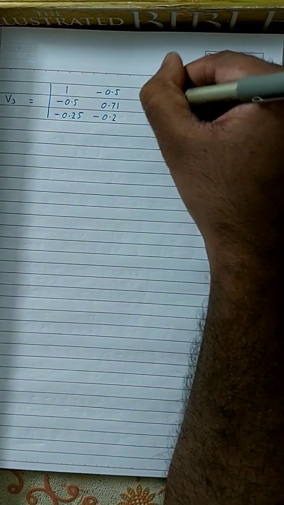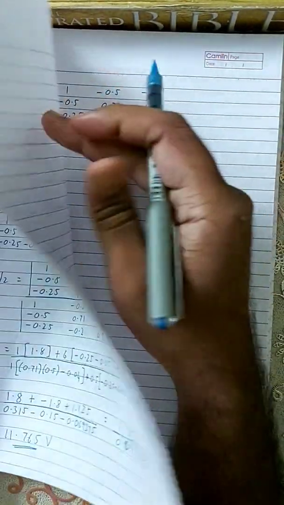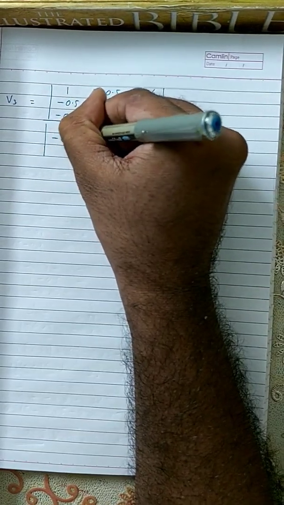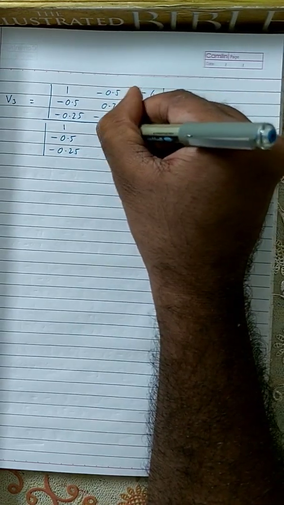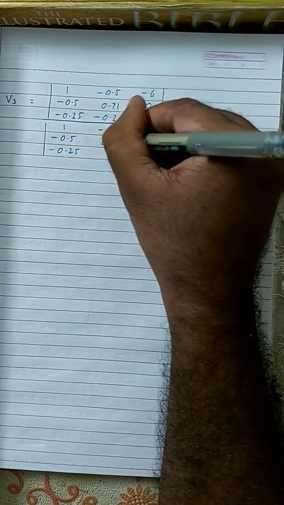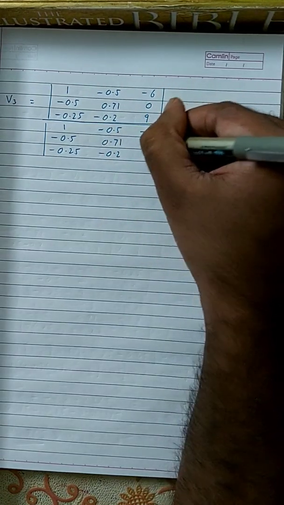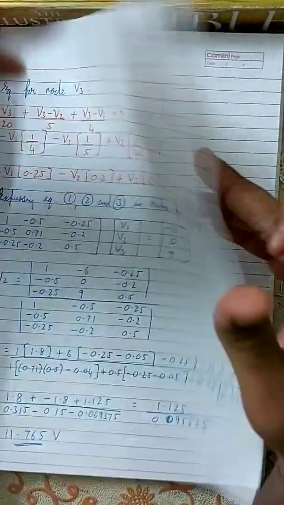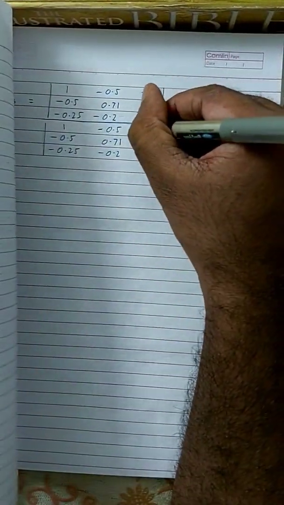Divided by the denominator, which will be the same.